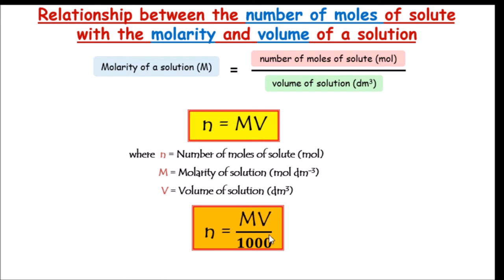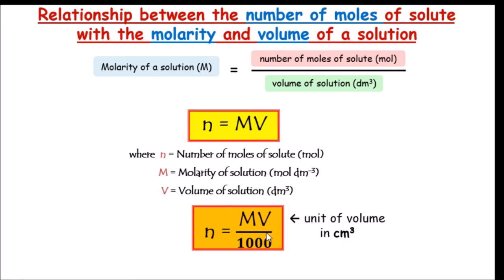So, do you know what is the unit for the volume in this formula? Can you answer me? What is the unit for the volume in this formula, n equals MV over 1000? Good job!